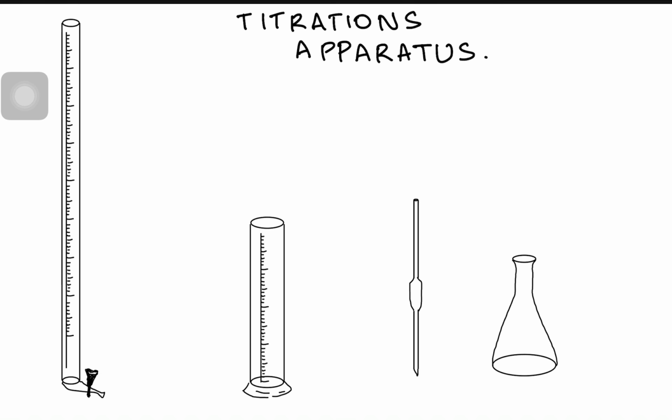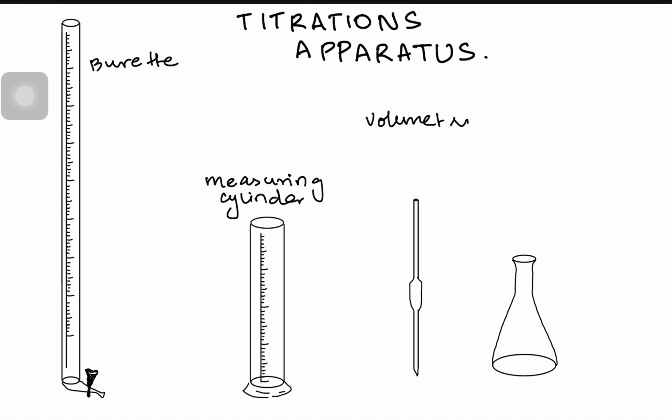The first one you see on the left is a burette, very frequently used. The second, very less commonly used, is a measuring cylinder. Then you see a volumetric pipette, and then a conical flask.